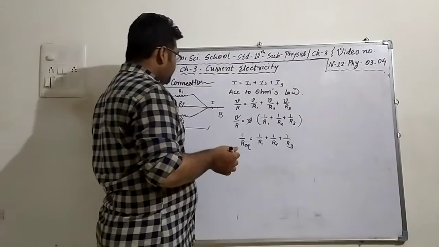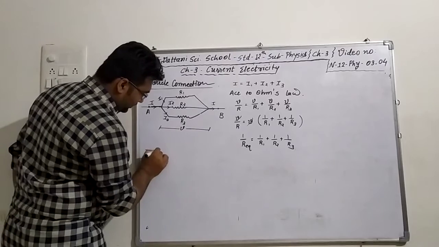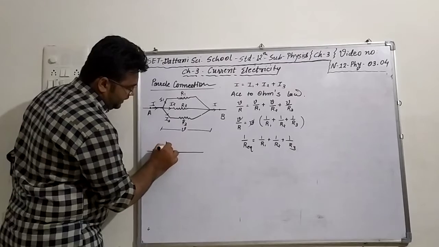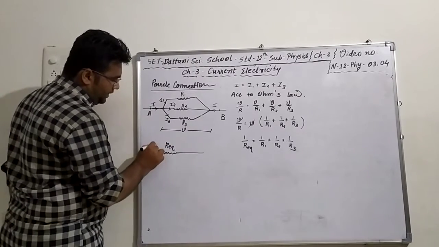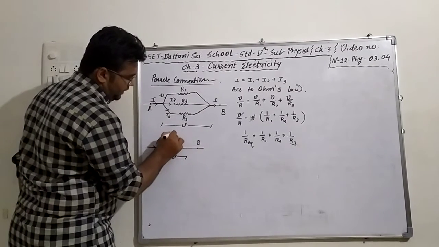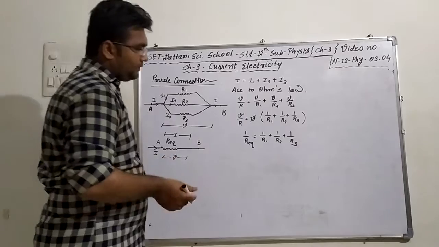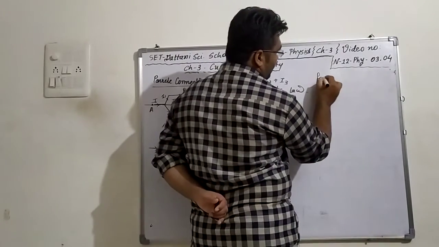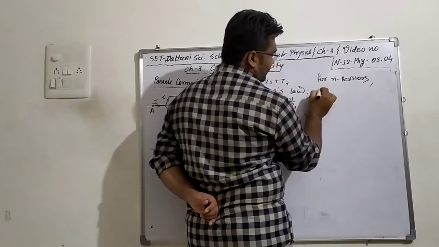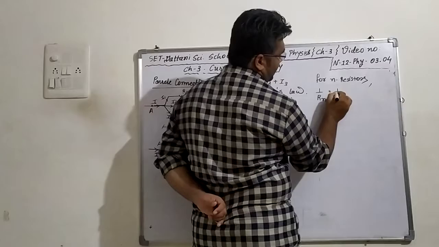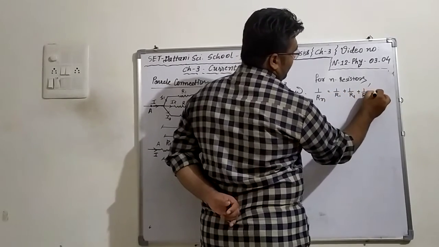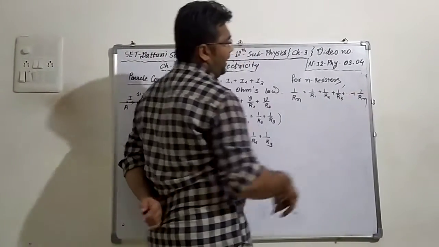Now suppose we draw it like this. I is the current and here the resistor equals R equivalent between A and B. Voltage is V and current is I. If we want it for n resistors, we get 1 upon Rn equal to 1 upon R1 plus 1 upon R2 plus 1 upon R3 up to 1 upon Rn.